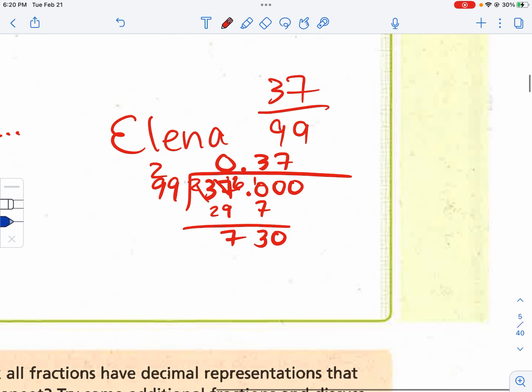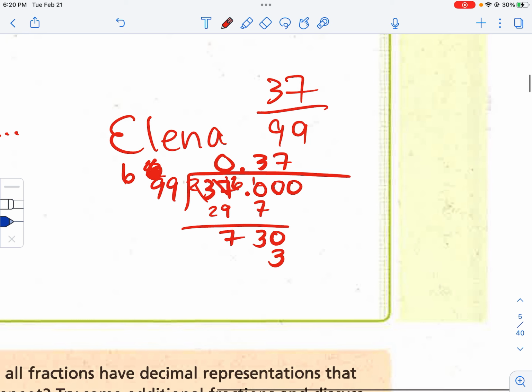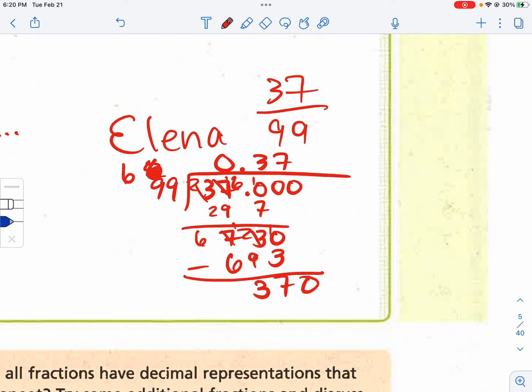So 7 times 9 is 63. And that would be 63 plus 6, 69. I borrow. That's a 7. I borrow. That's a 37. That's where we started at. Look at that. It's going to repeat also. But this time it's going to be 0.37, and both the 3 and the 7 are going to be repeating.